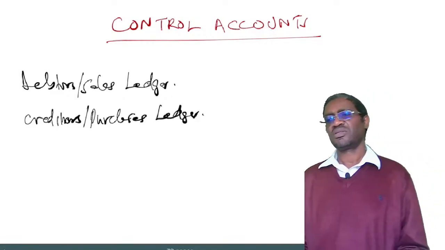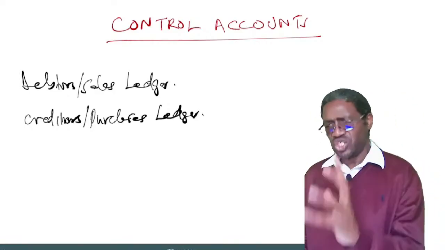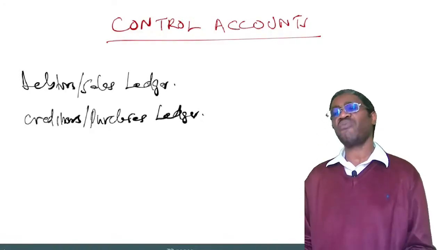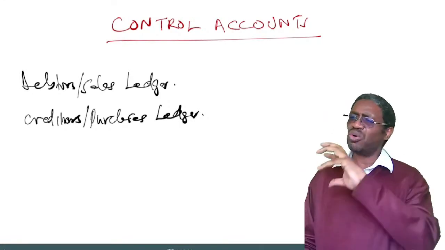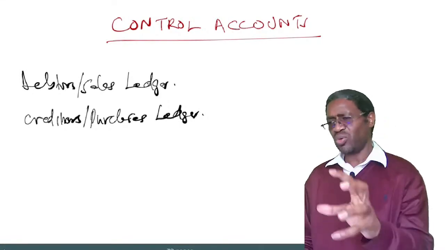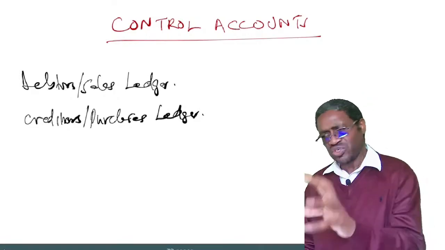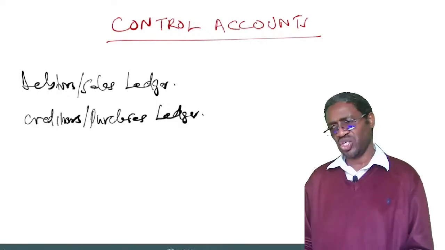Now you have known what a ledger is. A ledger is a book that contains accounts of a similar nature. As a company, you have so many debtors, put them in one book by the name of debtors ledger. If you have so many creditors, put them in one book called creditors ledger.